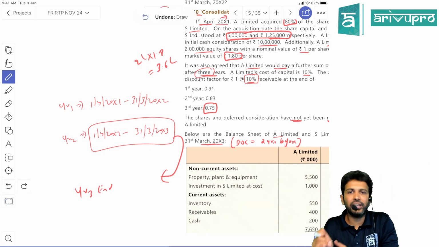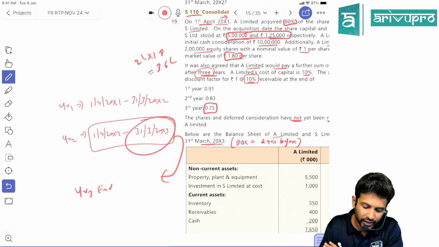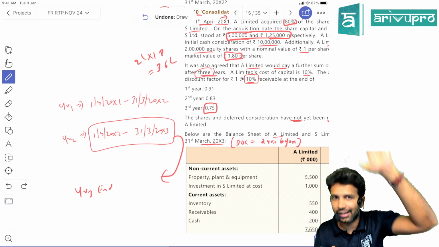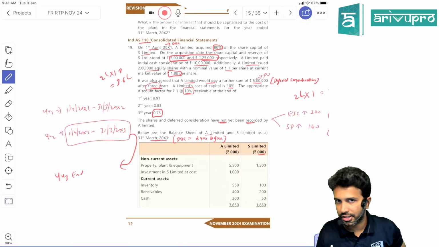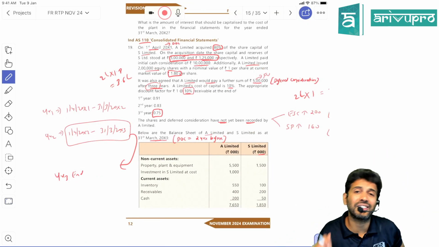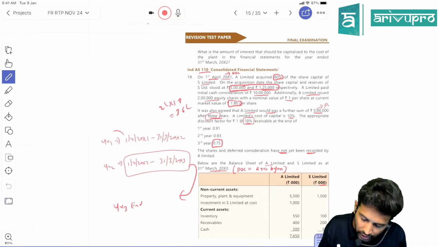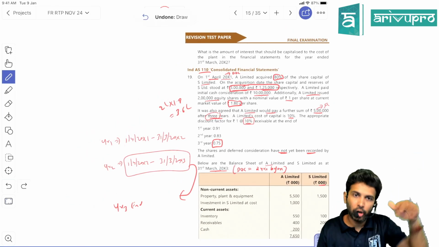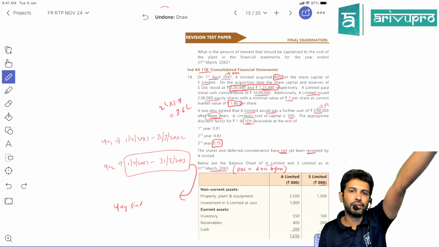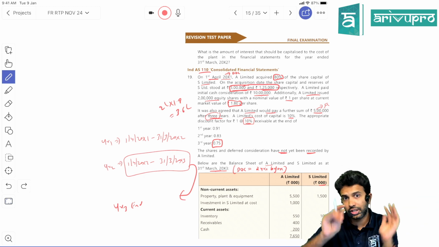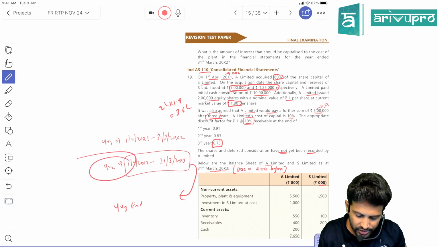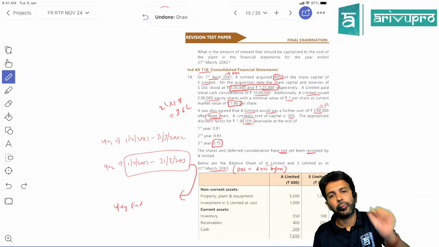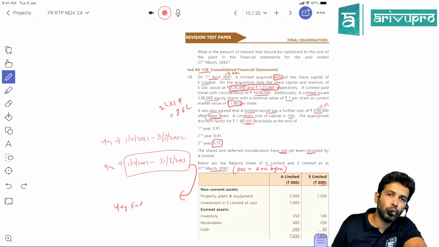If you are settling a liability within 12 months from the current year's balance sheet date, it is a current liability. For year 1, you would have shown it as non-current, because the settlement is beyond 1 year. Since they are asking us to prepare for the second year, the provision for deferred consideration will have to be shown as a current liability.